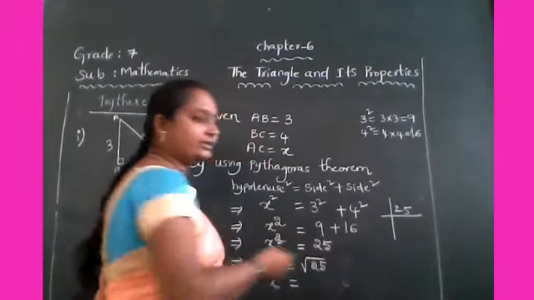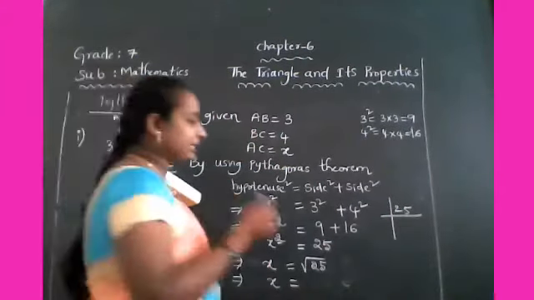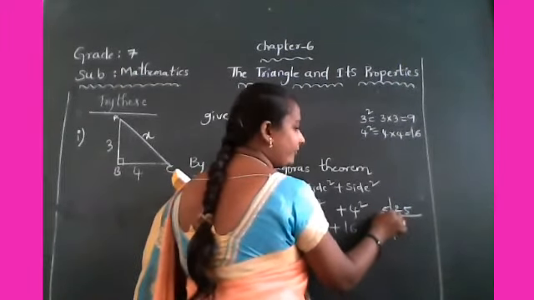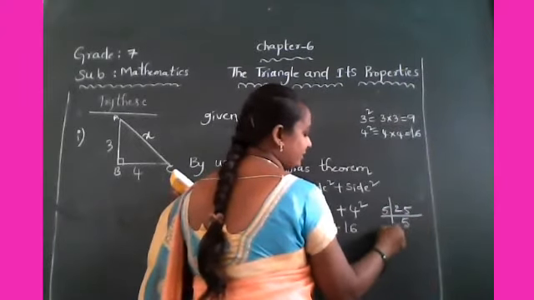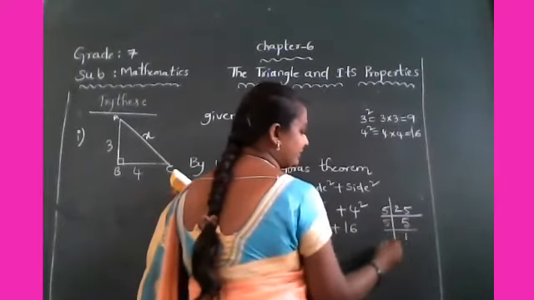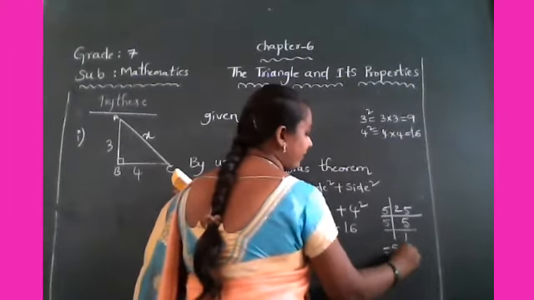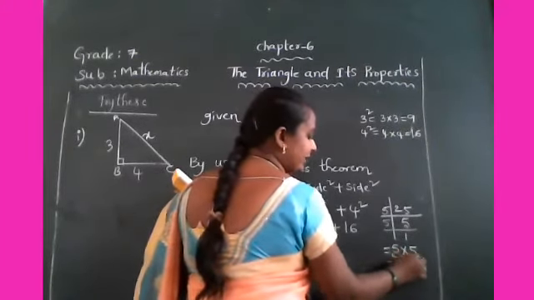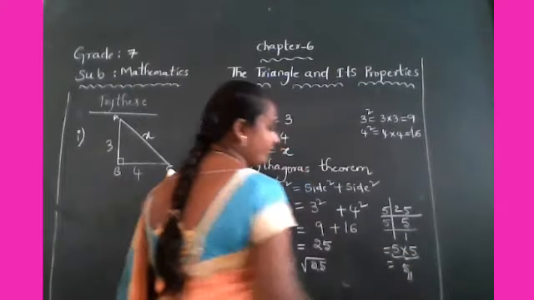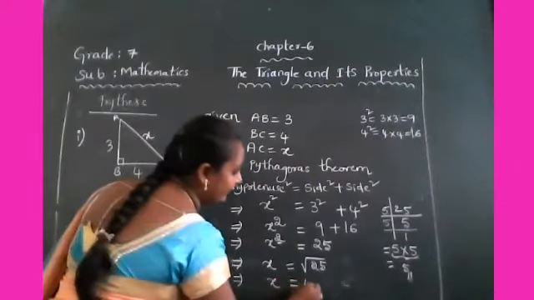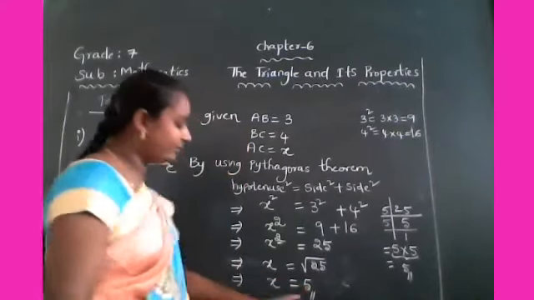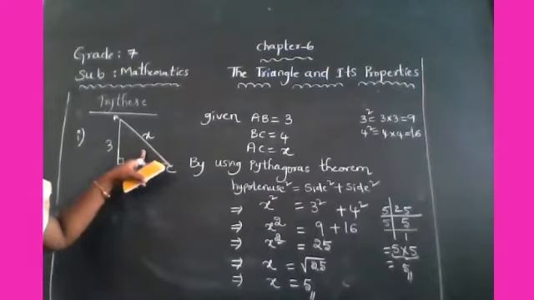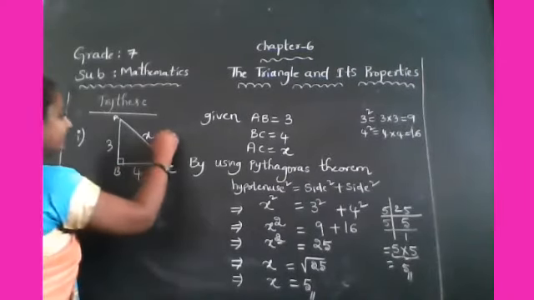No. Then you have to take 3. 3 not possible. Take directly 5. With 5, yes, 5 times 5. What are the factors here? 5 into 5. So if two 5s are there, you have to take only one 5. Then what is the root 25 value? 5. So what is the unknown value? The x value is 5.